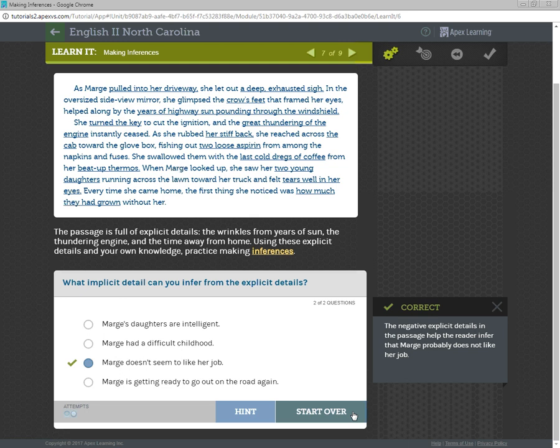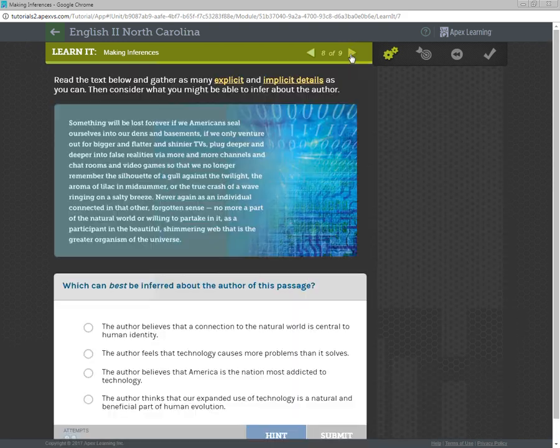The fact that she has to do all this, she's been in there for years. Her daughters came up to her, they started crying. You can definitely infer that she doesn't seem to like her job. Let's do a couple more.